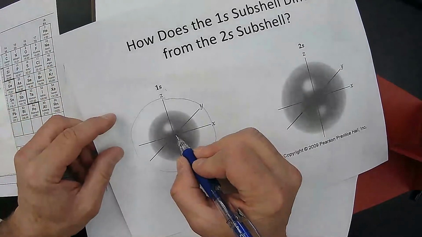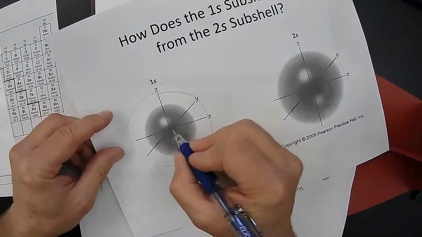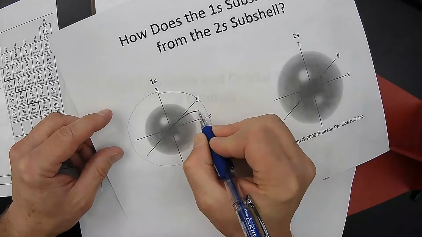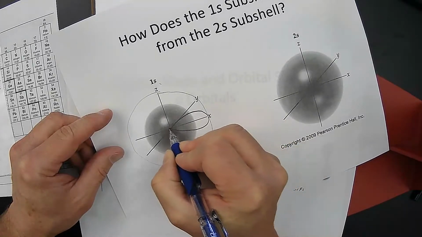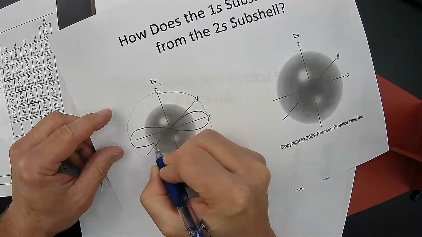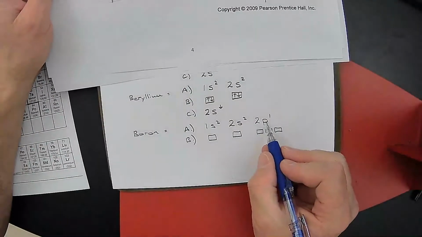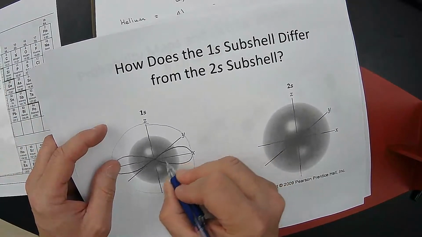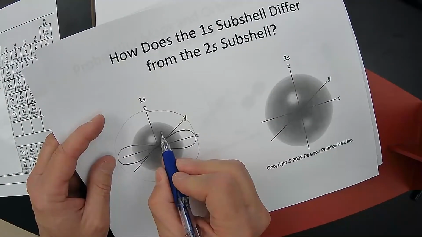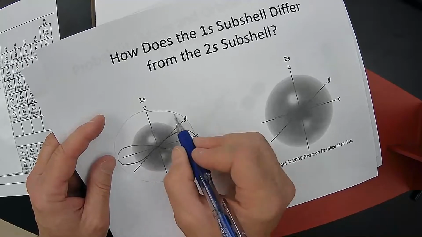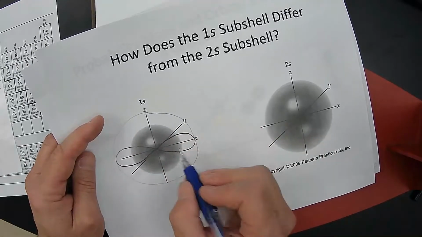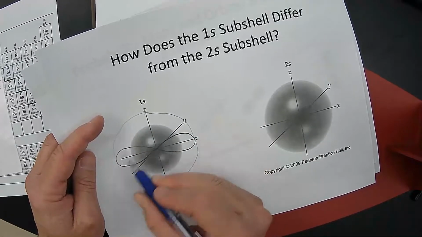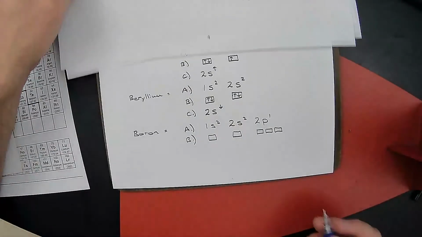Then you have this px, and because it's a 2px, it extends out this area and this area. And what did we say? How many electrons in that 2p? Just 1, and 1 electron flying around in the surface. So you have 2 electrons flying around this surface, 2 flying around the 2s surface, and then 1 flying around in this area in the 2px.